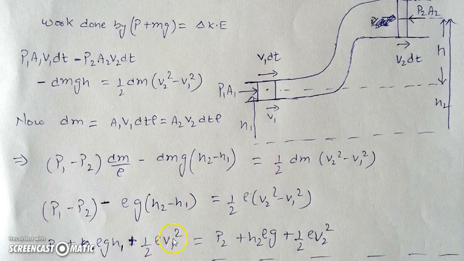This is the sum of energy per unit volume, which is again pressure energy, potential energy, and kinetic energy heads. So at point 1, their sum is equal to the sum at point 2. This is what we call conservation of energy and Bernoulli's equation.